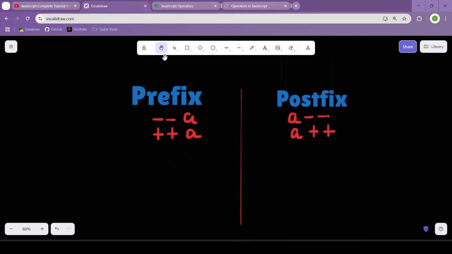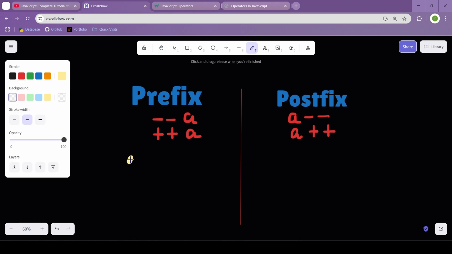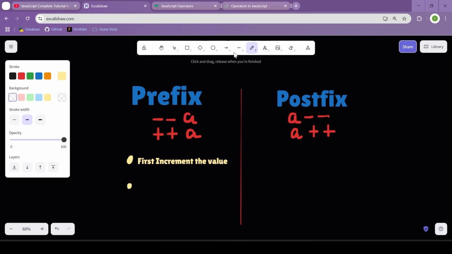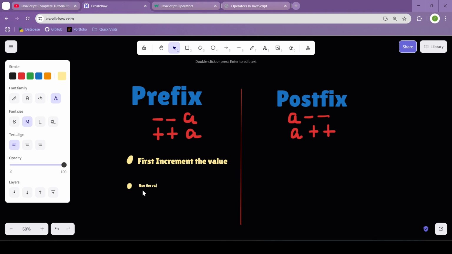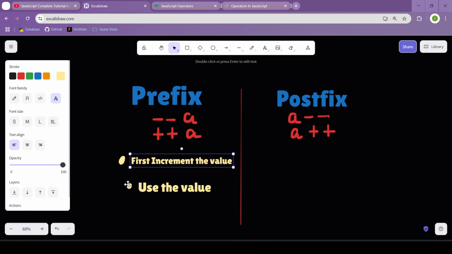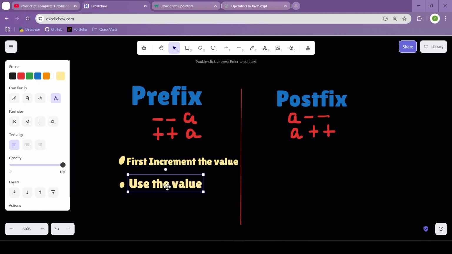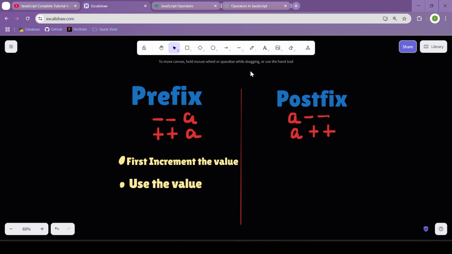So your prefix says simply first increment, then use. Your prefix says first you need to increment the value and then you can use the incremented value, right?